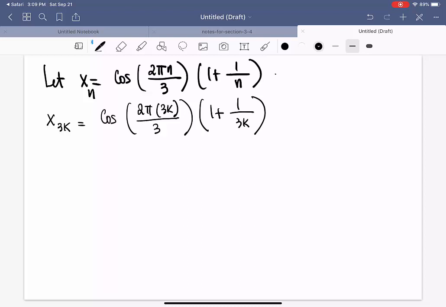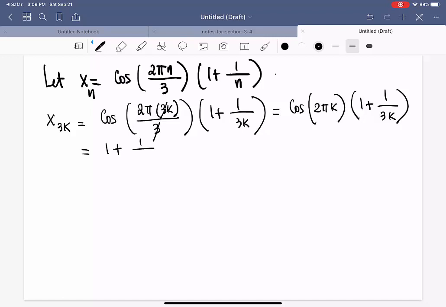So we have cosine of 2 pi k times 1 plus 1 over 3k. But cosine of 2 pi k is 1. So this gives us 1 plus 1 over 3k. And you can compute that the limit of 1 plus 1 over 3k, as k is approaching infinity, will of course be 1.